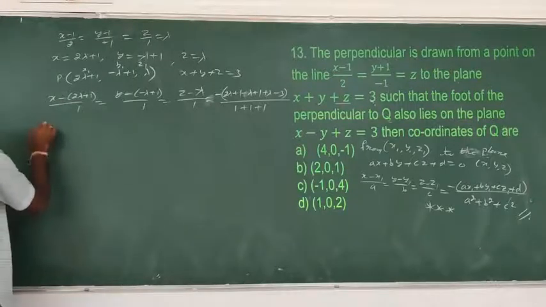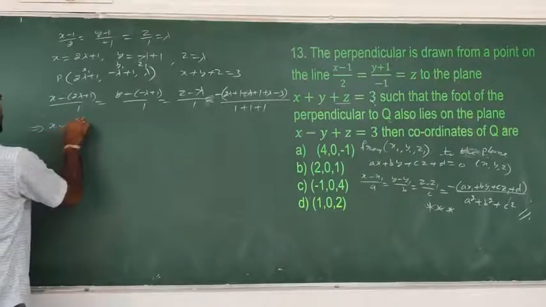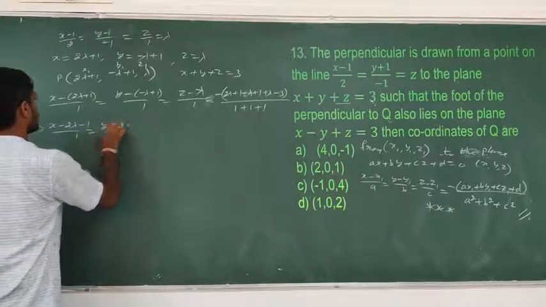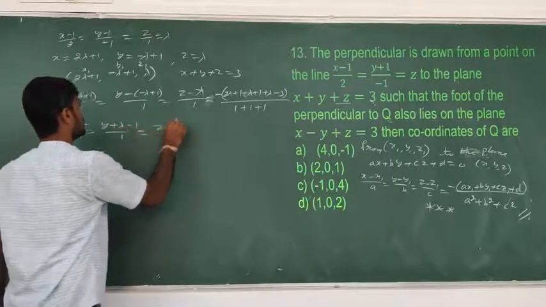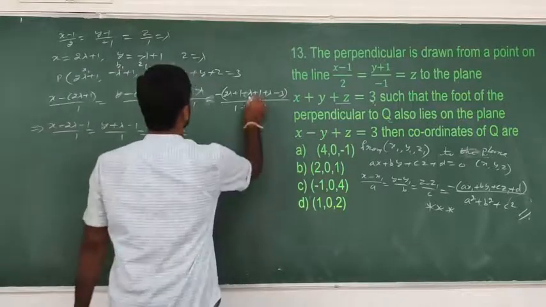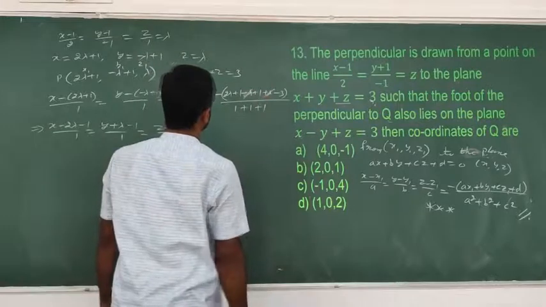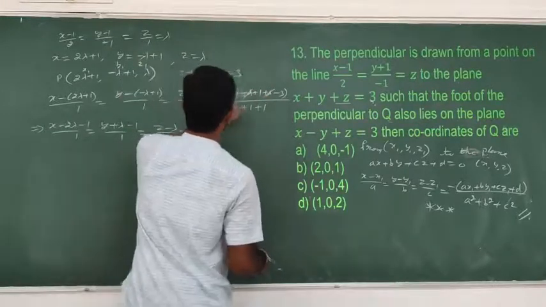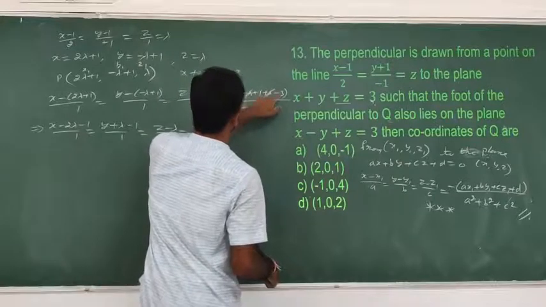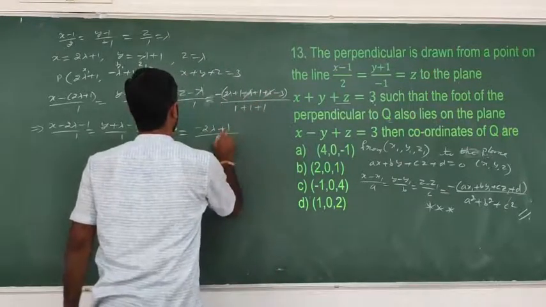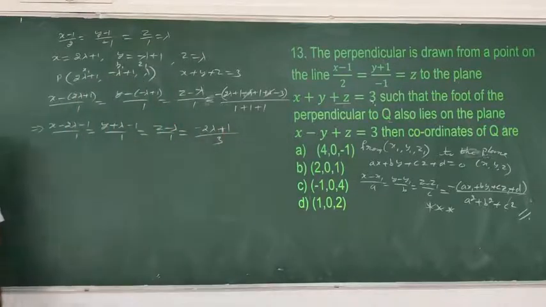This implies (x minus 2 lambda minus 1)/1 = (y plus lambda minus 1)/1 = (z minus lambda)/1 = so here minus lambda plus lambda cancel, then minus 2 lambda, 1 plus 1 is 2, minus 3 is minus 1, minus into minus plus 1, divided by 1 plus 1 plus 1 is 3. So minus 2 lambda plus 1.